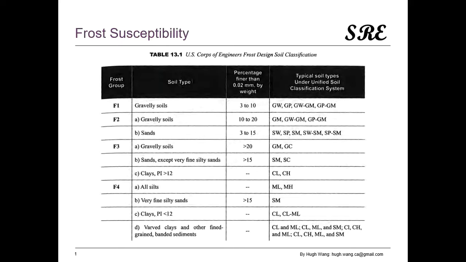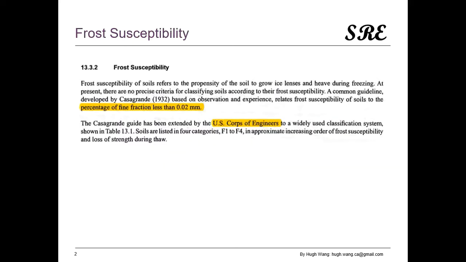This is on page 189 from the Canadian Foundation Engineering Manual. Above the table shown, there are two paragraphs explaining the U.S. Corps of Engineers classification system.